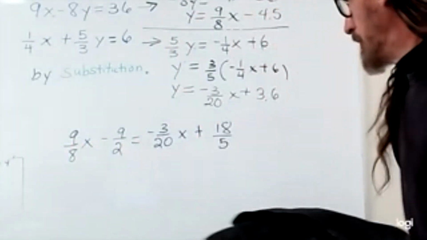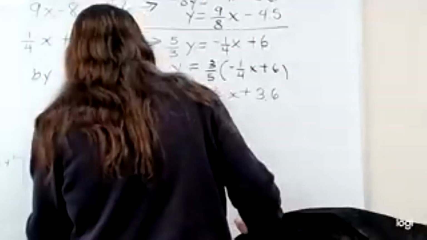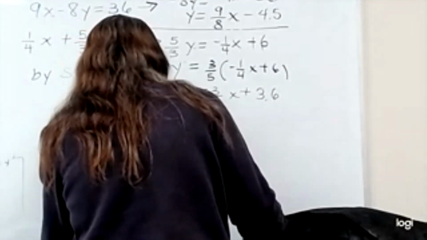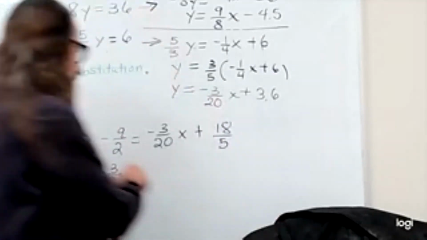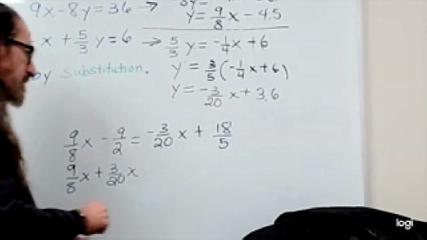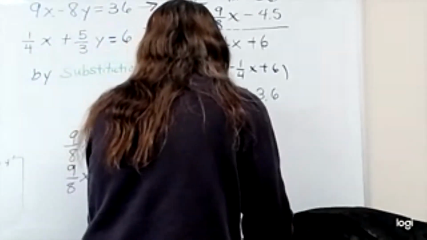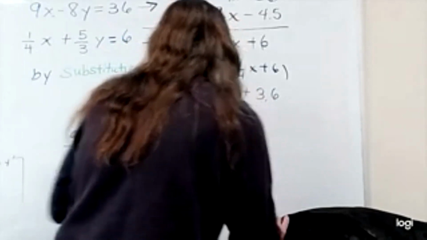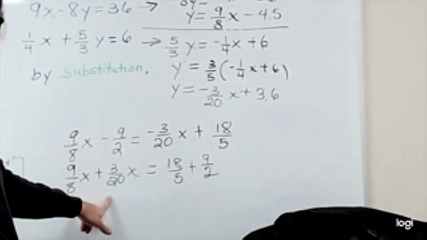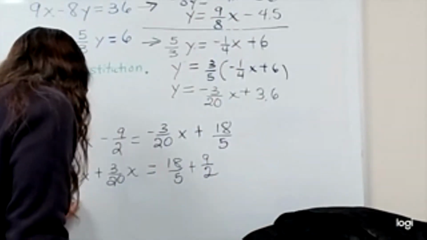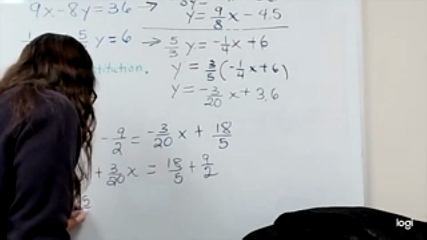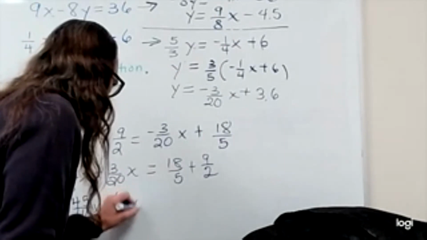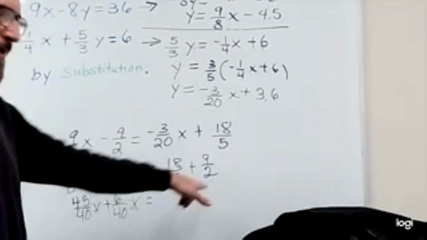So I could add the 3/20 x as well as add the 9/2. Our common denominator here would be 40. Our common denominator here would be 10.